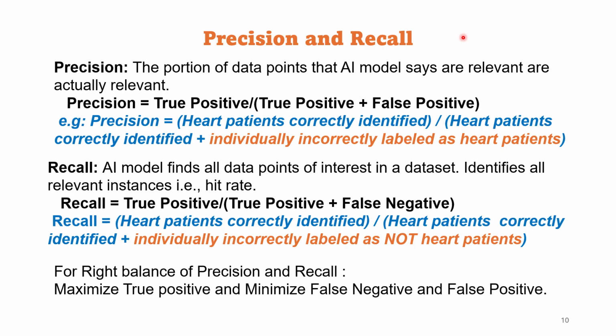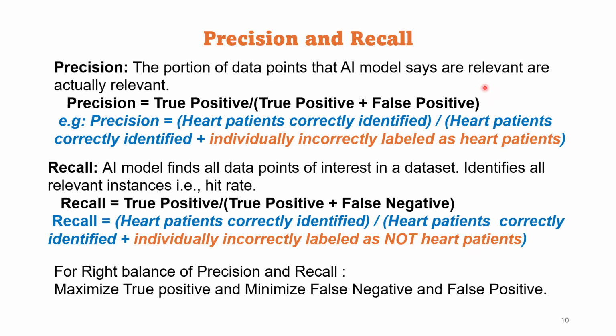Precision is defined as closeness between the estimates based on the different samples under the same conditions. The portion of the data points that the AI model says are relevant are actually relevant. Precision is calculated by true positives divided by the sum of true positives and false positives.